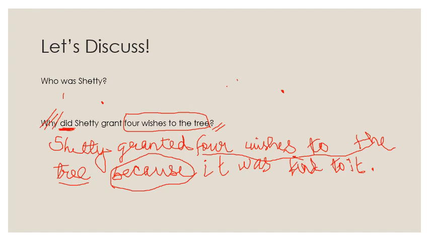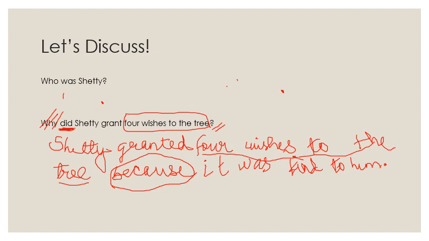Okay, sorry, not it, because Shetty was a person, so it was kind to him. Let me make this picture clear to you all. And at the end, full stop. Okay, so Shetty granted 4 wishes to the tree because it was kind to him.